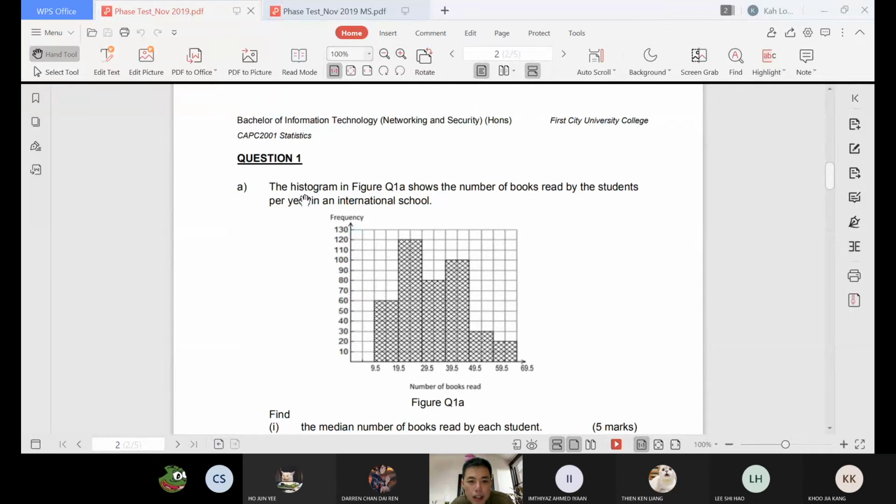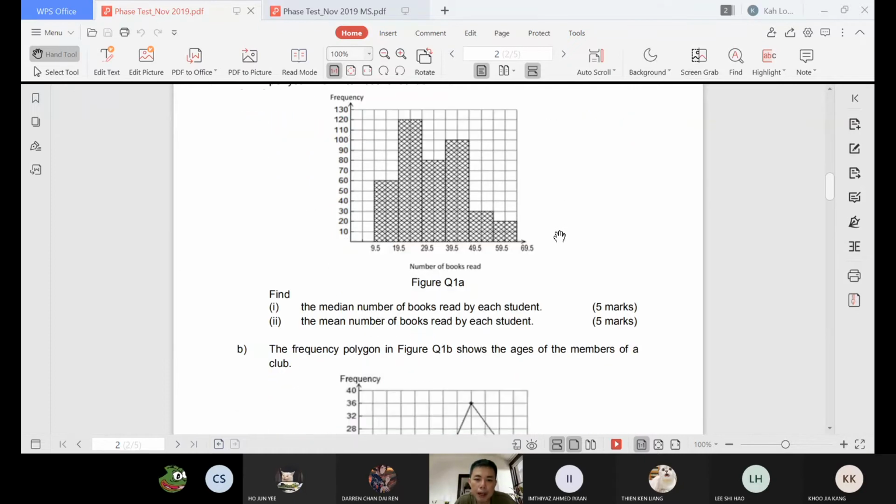You see, the histogram in Figure Q1A shows the number of books read by the students per year in an international school. That means it represents the whole student population. So this international school has 410 students, so this is population data.